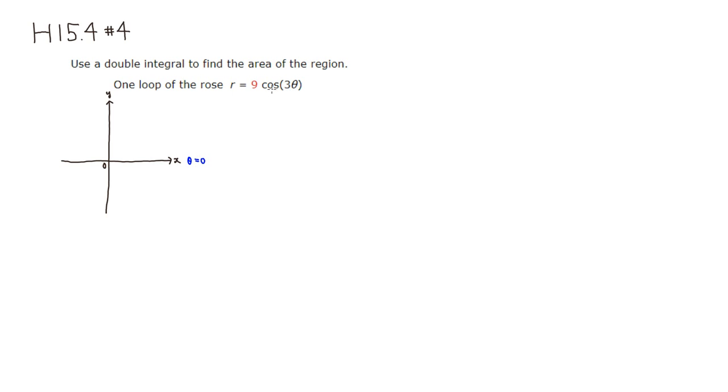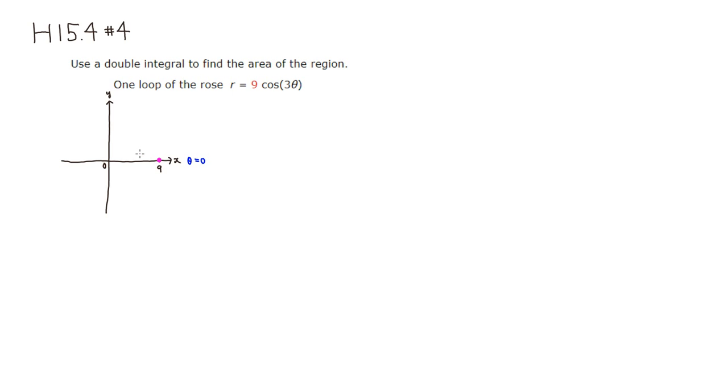If theta is 0, cosine of 0 is 1, so it's going to take the value of 9. I'm going to put 9 here and just put a dot there.